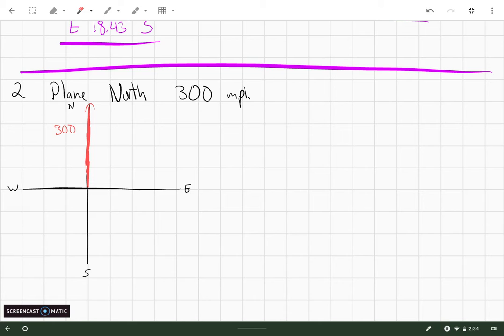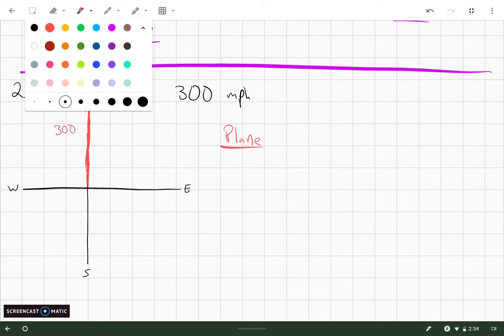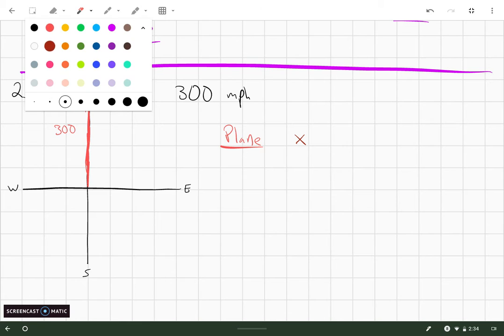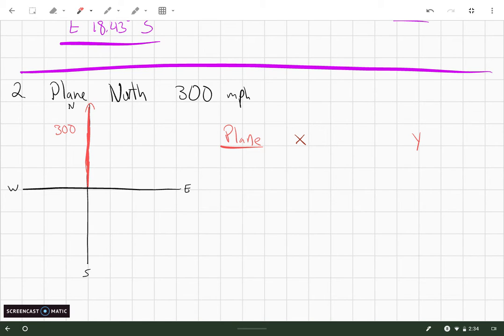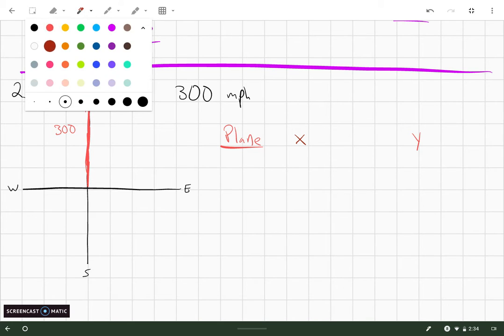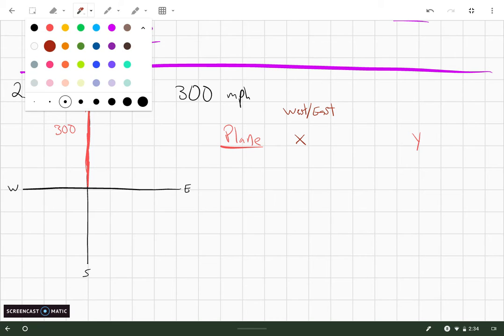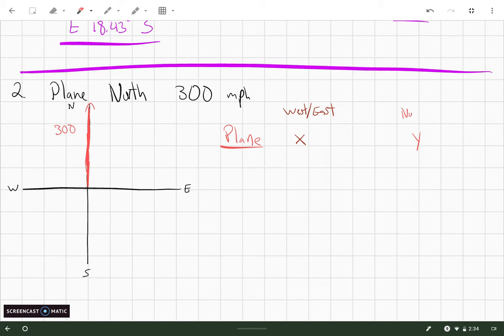So how much of that for the plane? What we need to do is figure this out in the x direction, and then also figure this out for the y direction. How much of the plane is going in the x direction? If you think about it, you can think of the x as west or east, and the y as north or south.